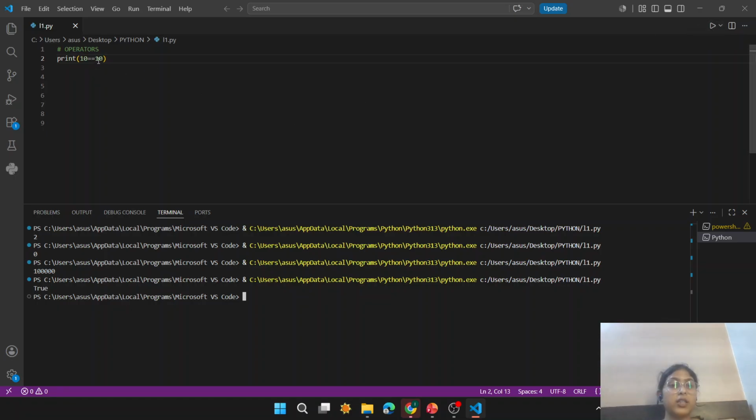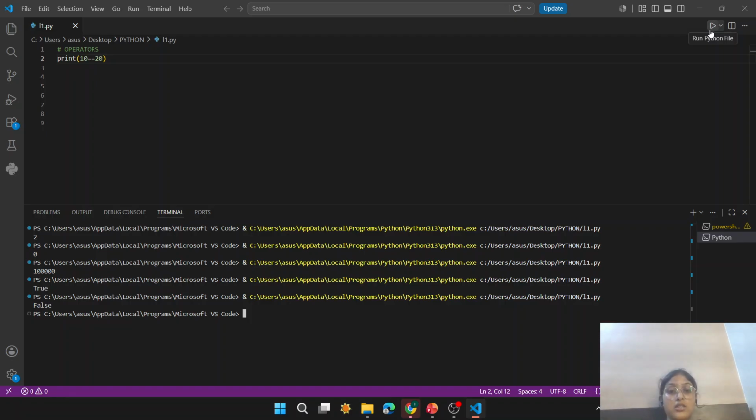Now, if I ask that 10 equals 20, the answer is false. So what is the difference? Till now we were doing x = 10, which means assigning the value 10 to x, and x == 10 means comparing the value of x with 10.